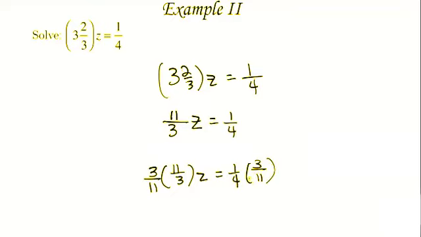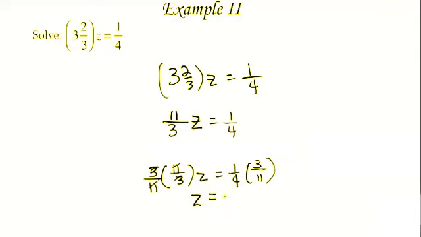Doing the same thing on the right side of the equation, so I have 3/11 times 11/3 z equals 1/4 times 3/11, multiplied by the same thing on both sides of the equation. What this does is it allows the 3's to cancel out and the 11's to cancel out. That gives me z equals 1/4 times 3/11.